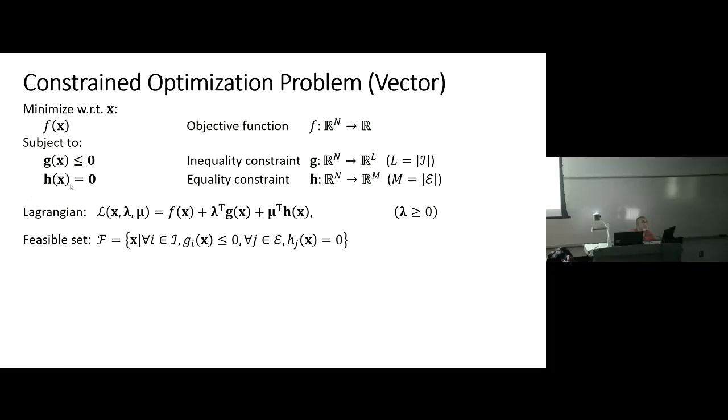In other words, the equality constraints are all satisfied. And always remember that this lambda here has to be greater than or equal to 0. This corresponds to the inequality constraints. For the equality constraints, the corresponding dual variable mu is unrestricted. It can be greater than or less than 0.